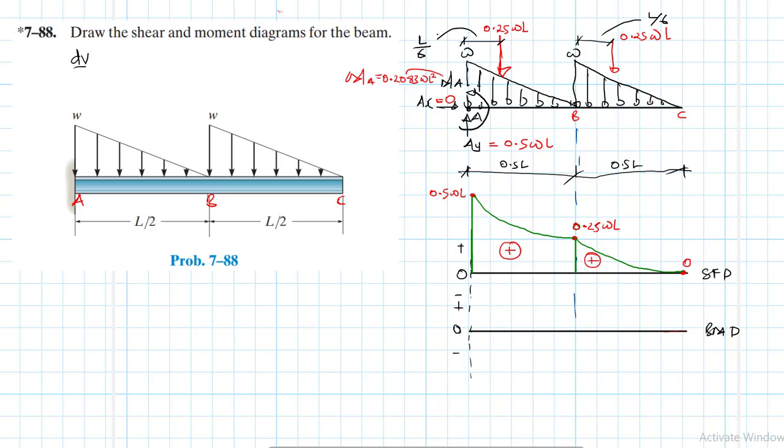We know that dV/dx is equal to negative w, and in this case our distributed load is negative, and dM/dx is equal to the shear force. So these are the relations that we are going to use in drawing these diagrams. So at A, we have already an applied moment.